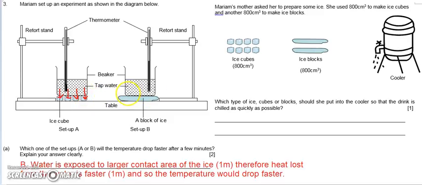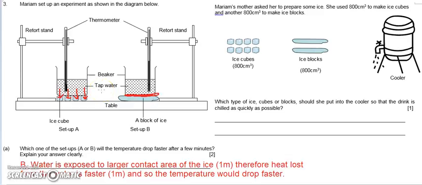Whereas over here, this entire surface can be used; heat from the beaker will be transferred from the warmer water to the colder ice throughout the entire base of the beaker.